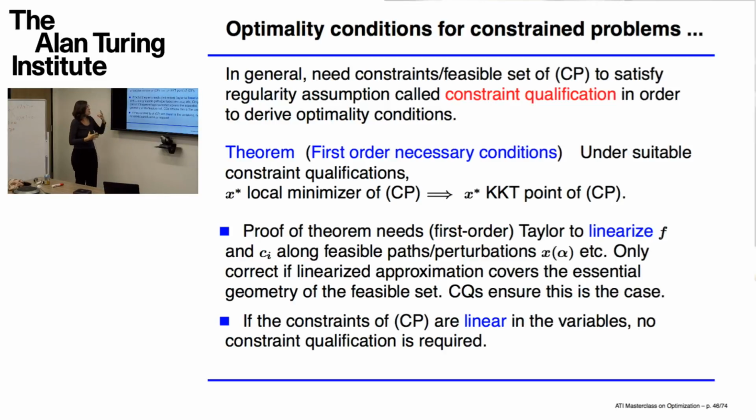So you need some kind of regularity assumption on the constraints. There are various possibilities for that. And under those regularity assumptions, local minimizers must be KKT points. Of course, if the constraints are linear, you don't need such constraint qualifications, and there are other cases where it's quite obvious. But in general, even this implication is not always true.